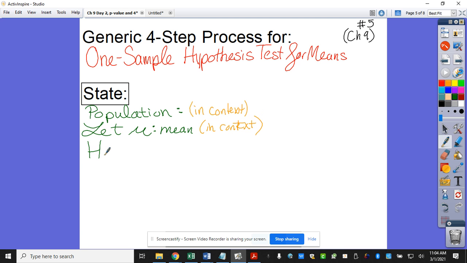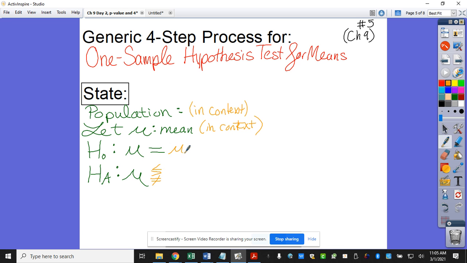And then we're going to have a null hypothesis and an alternative hypothesis. Because I am writing this one just for means, what's our first symbol of both of those going to be? Mu. Which one of those do I know the next symbol for? I know the null hypothesis has to be equals. I've got 3 options for alternative: less than, greater than, not equal to.